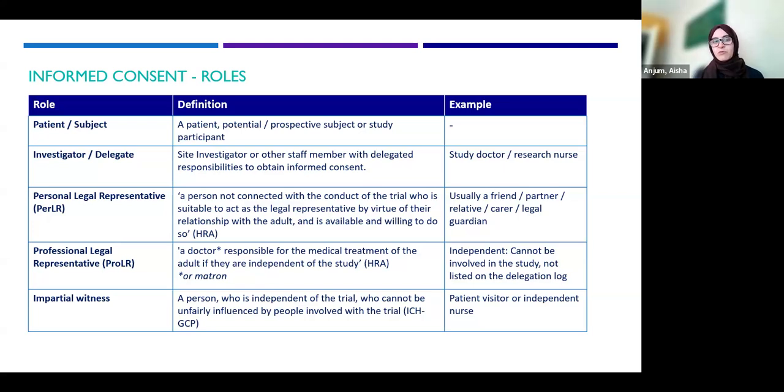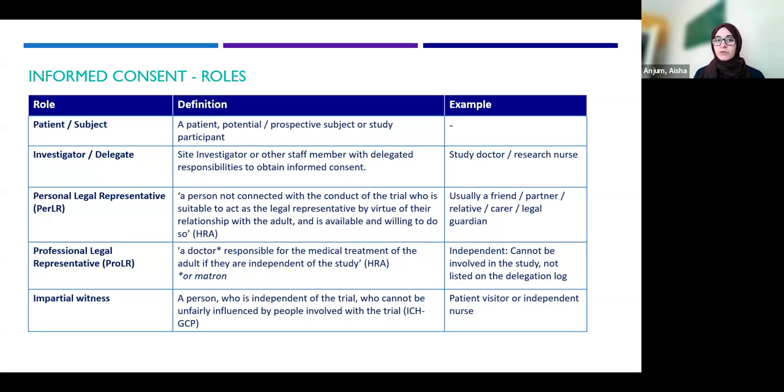We have the personal legal representative, who is usually a friend or partner or relative of the patient, and a person that is not connected to the study in any way, and willing to give consent on the patient's behalf. We also have the professional legal representative, who is usually a doctor, responsible for the medical treatment of the patient, but independent of the study, so therefore not listed on the delegation log.